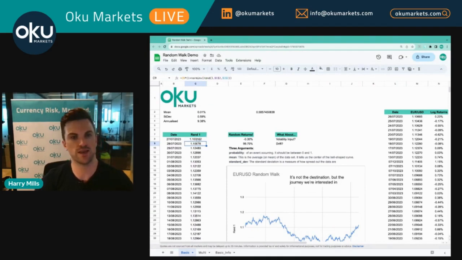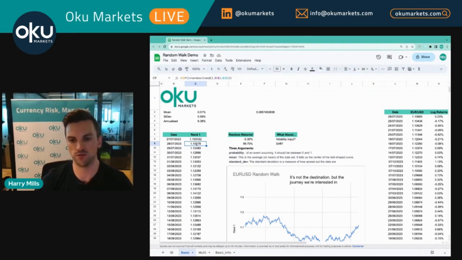In order to get the next return, I'm going to use the NORM.INV function. And this is basically going to bring me the number that corresponds to a predetermined probability, mean and standard deviation from the normal distribution curve.